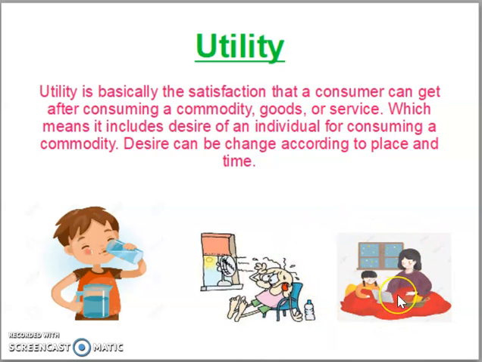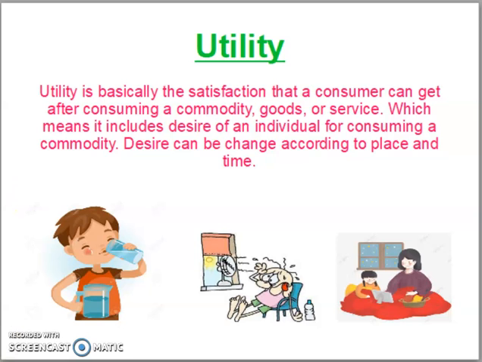This person will need a heater. For this person the utility of a heater is high, but for this person the utility of an air conditioner will be high. So now we can understand that desire can be changed according to place and time. It depends where a person is and what his requirements are. According to that, the satisfaction or the utility will matter.